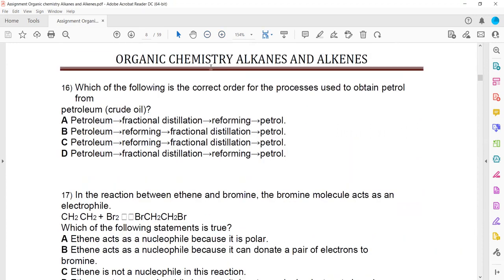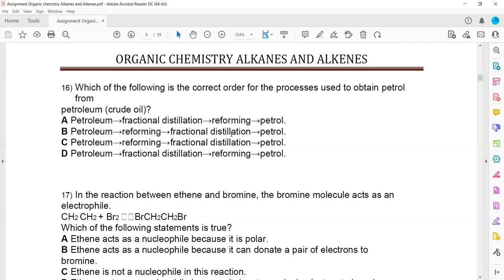Question 16. Which of the following is the correct order of processes used to obtain petrol from crude oil or petroleum? First we have crude oil, and first we do fractional distillation. Petrol is actually octane.